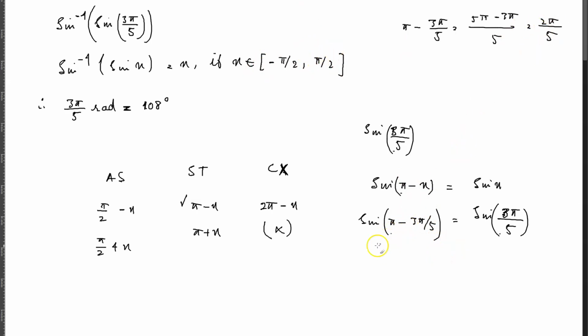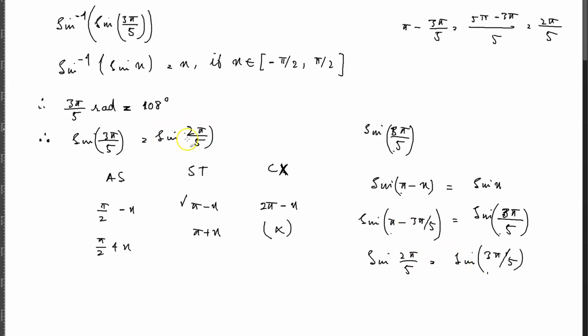Then I can say that the sine of 2 pi by 5 is equal to the sine of 3 pi by 5, and therefore I can use it in my formula. So the sine of 3 pi by 5 is actually equal to the sine of 2 pi by 5, and then I can use it in my formula, right?